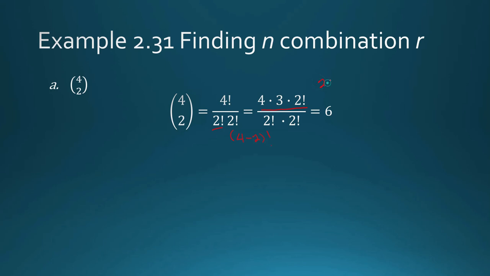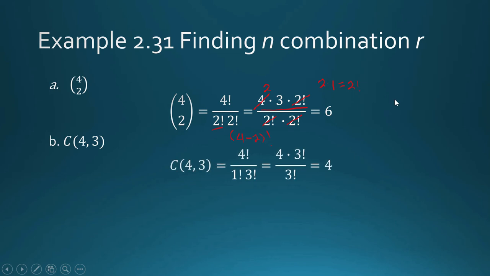But 2 times 1 is just 2 factorial. And look at the numbers that get cancelled. 2 factorial divided by 2 factorial is 1. 2 factorial is just 2, and this one has 2 for a factor. So what is left here is simply 2. And so 2 times 3 is equal to 6.